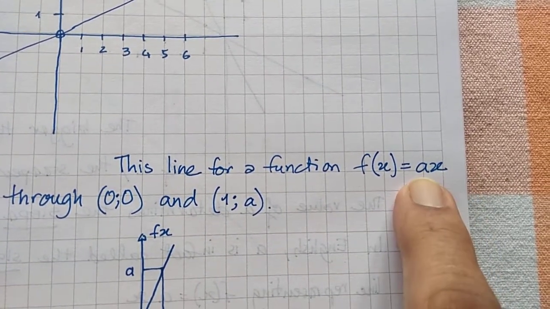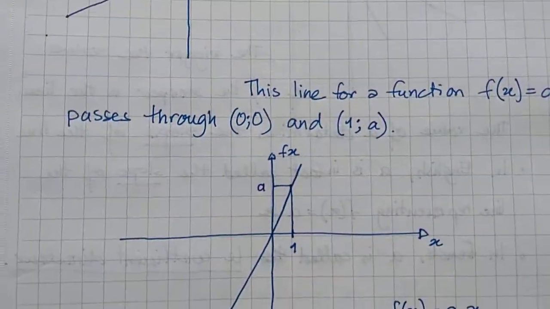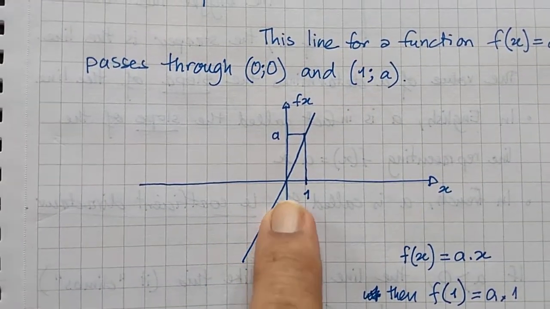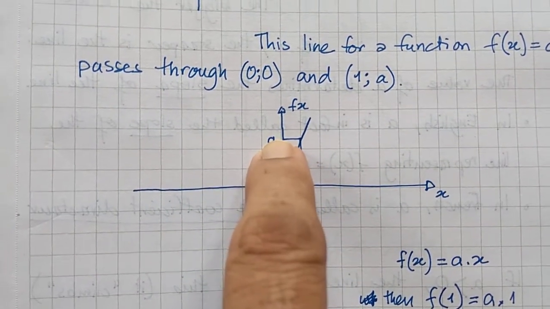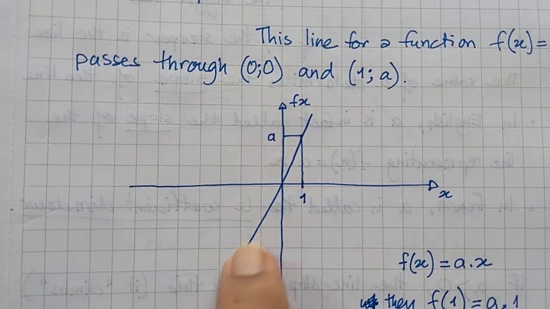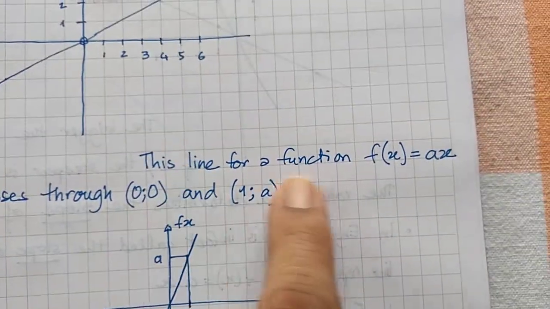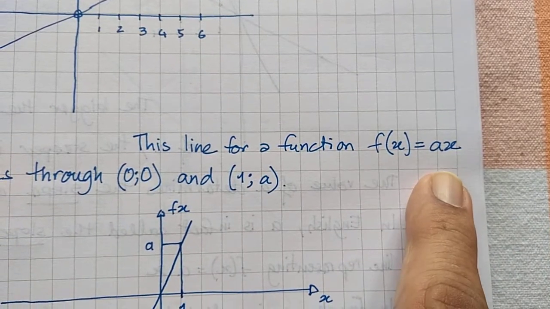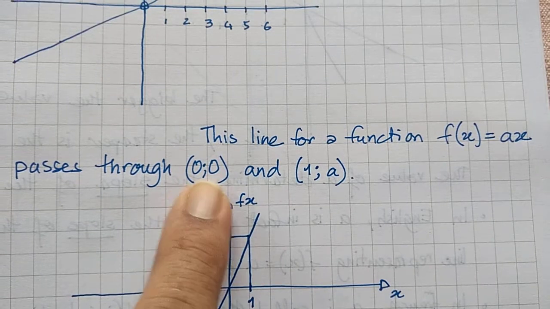A into x, x is 1, so it becomes a. So this is the general case of the line.